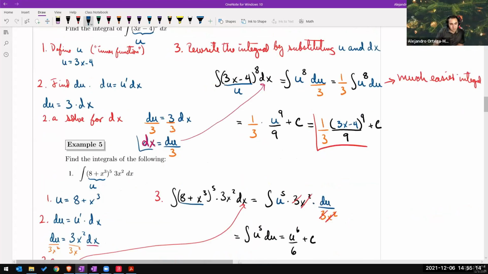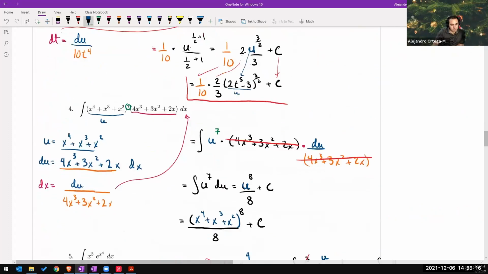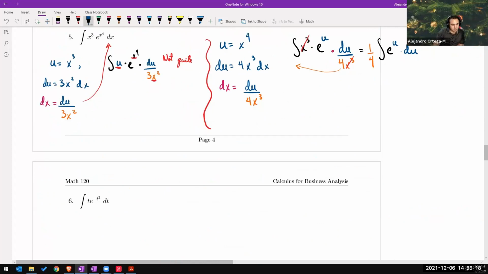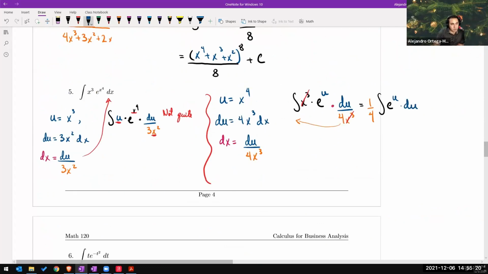So this problem is going to be 1 over 4 times the integral of e to the u du, which is simply e to the u plus c.